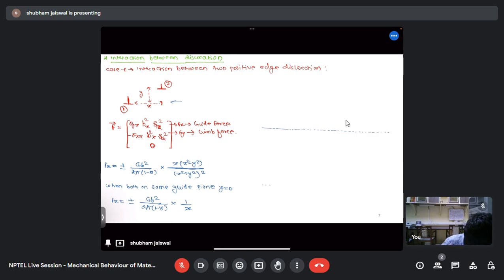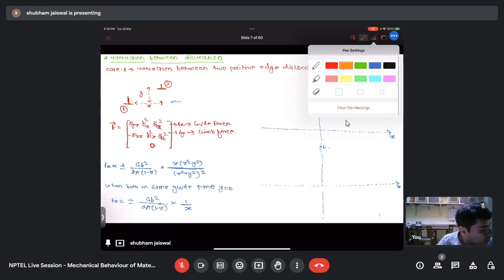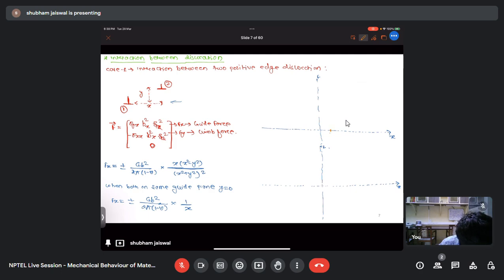Okay, so this is x. Let's say this is our force. And if we represent the values of y in terms of x, this is y, 2y, 3y, 4y, minus y, minus 2y, minus 3y, minus 4y.